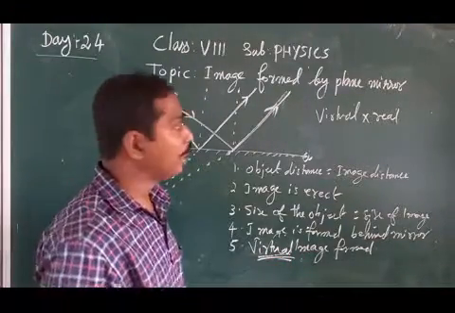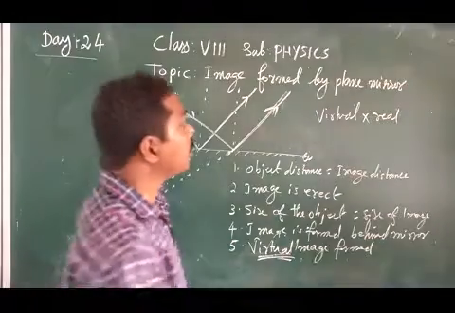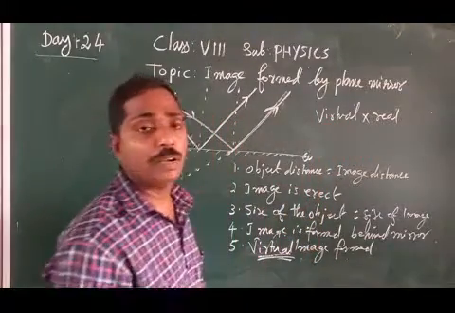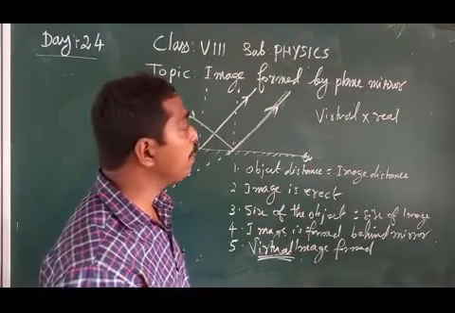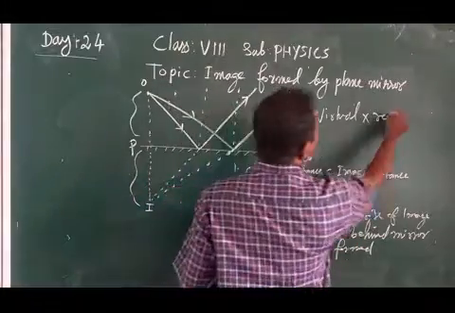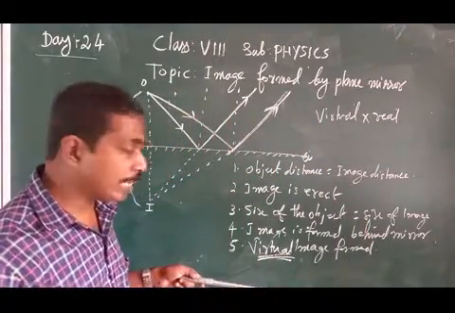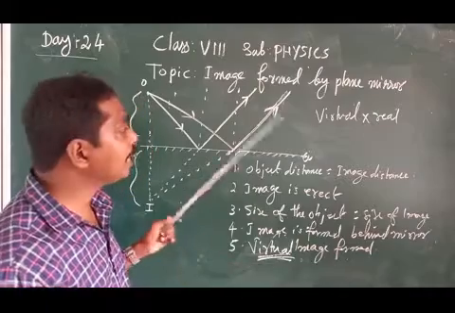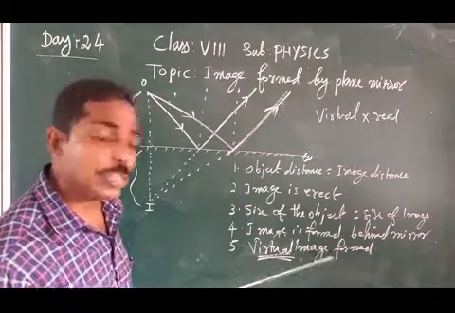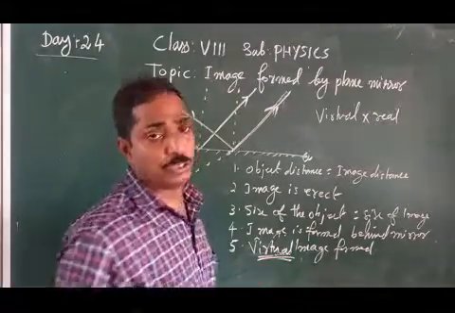Virtual image. What is the meaning of virtual? That it cannot be caught on a screen. If it is obtained on a screen, what do we say? Real image. So an image which is obtained on a screen is a real image. But in the case of a plane mirror, it is not obtained, so the image is virtual.